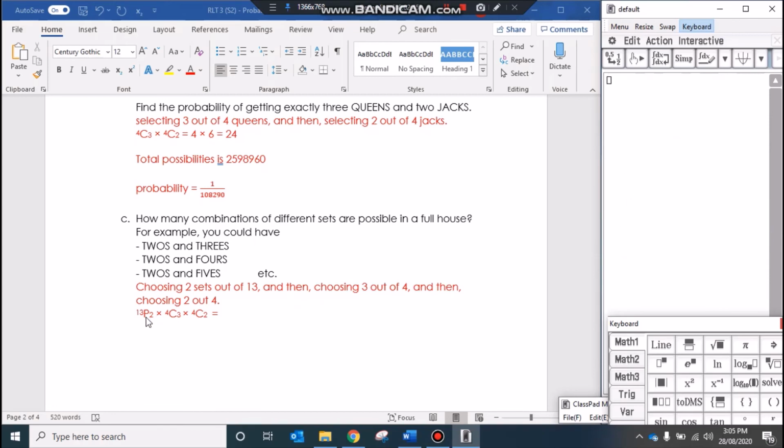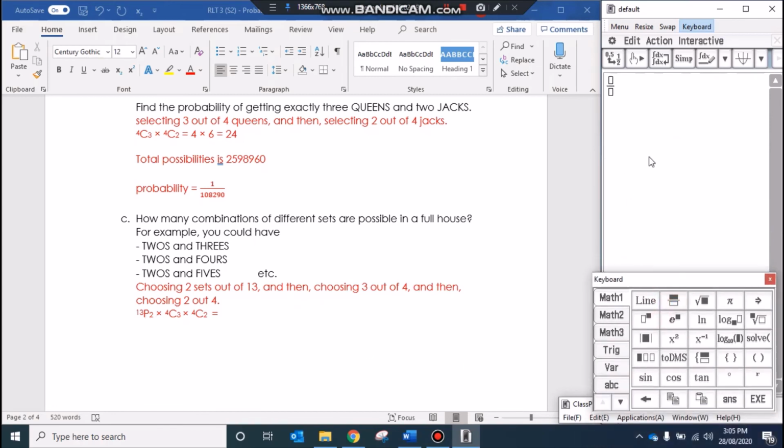Work out 13P2. So we've got 13 factorial all over 13 minus 2 factorial. That's 156. Now, 4C3 was 4, and 4C2 was 6. So we've got 156 times 4 times 6.